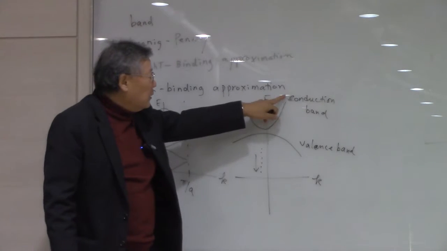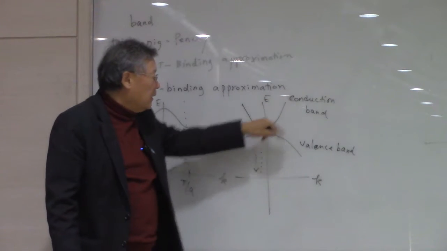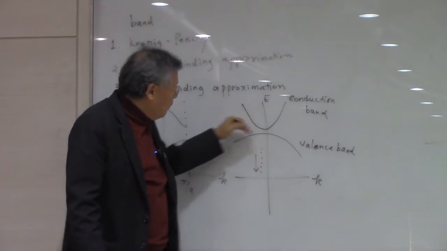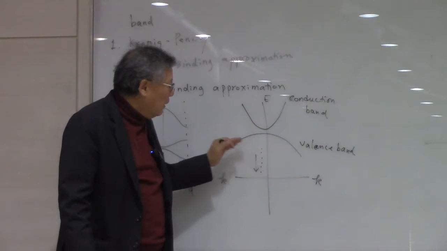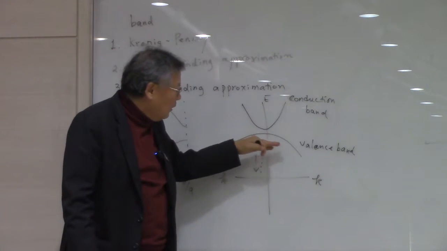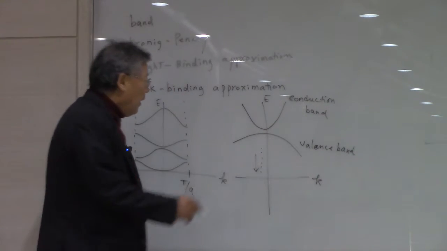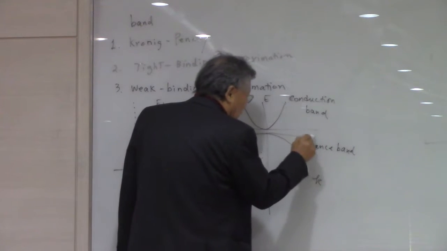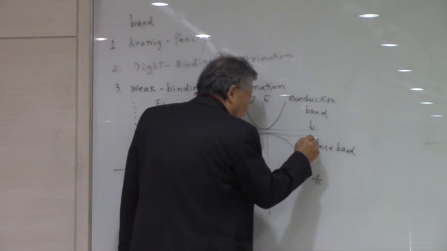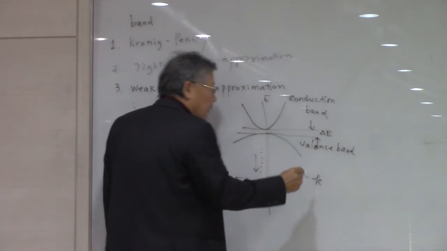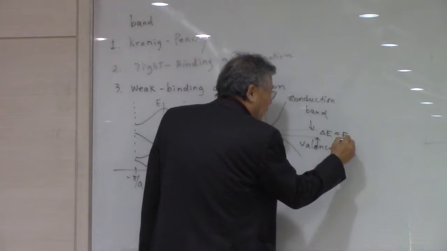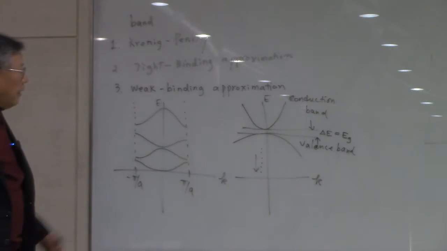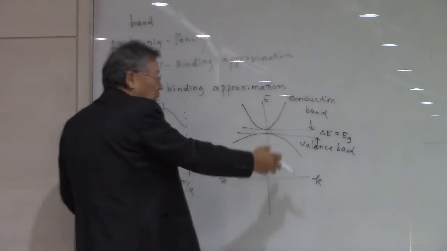The outermost energy levels are of our interest, and the outermost band is going to be called the conduction band, and then the next nearest one is going to be called valence band, and these two energy delta E is going to be called band gap of this material. Okay, so every reaction happens on this conduction band and valence band.